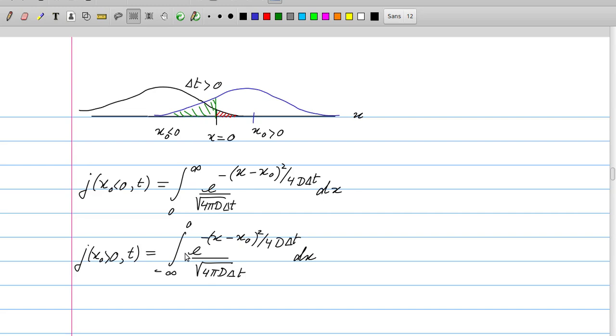We do the same for this one. We multiply it by rho of x0 and then we integrate over all the x0s, and that is the contribution to the flux to the left. The flux to the right has a positive sign, the flux to the left has a negative sign, so we need to subtract this integral from that integral, and this results in the following.